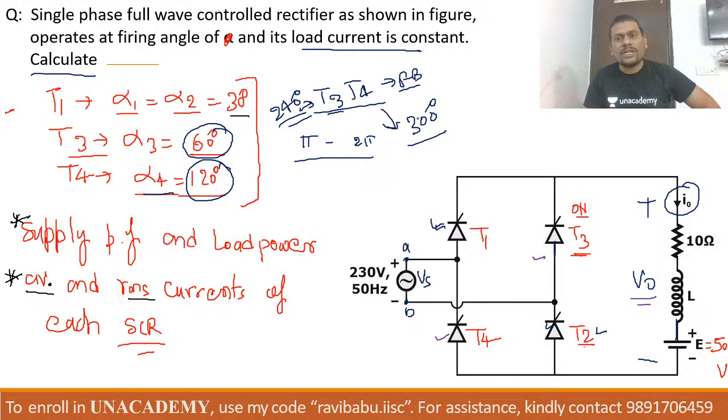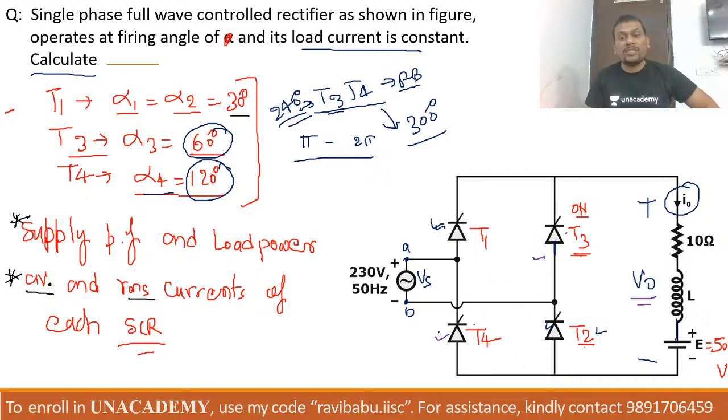So when you trigger T4, at the same moment, your inductor will leave the path through T2 and will provide through T4. Why? Because this potential is higher, so the inductor will charge again. And due to this reason, your inductor will operate its own current through T3 and T4. You know very well, in the forward blocking mode, once you trigger your devices, then current will flow through the devices due to a potential barrier.